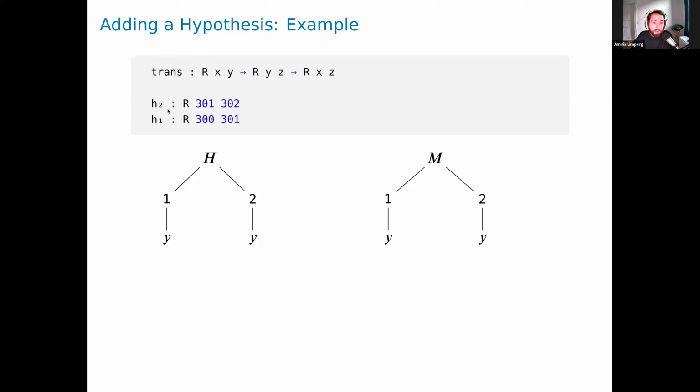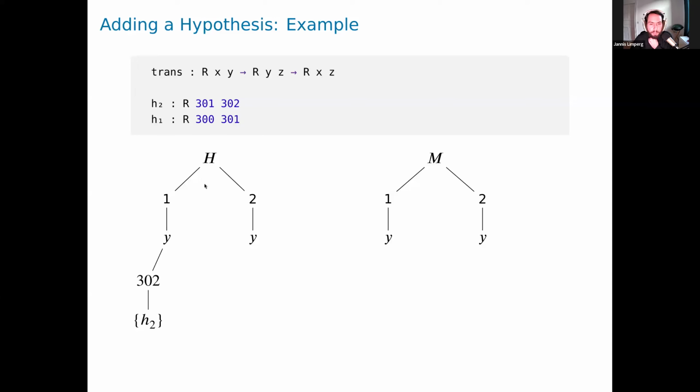So when we get a new hypothesis, a hypothesis that is in the child goal but has not been in any parent goal, then what we do first is we add it to this hypothesis map. And we add it in a specific place. Namely, we notice that H2 matches slot 1. So we add it in as a slot 1 thing. And we notice that the shared variable y is assigned to 302 when we match H2 against slot 1. So we add it with shared variable y, instantiation 302. Here we create the set containing only H2 for the moment.